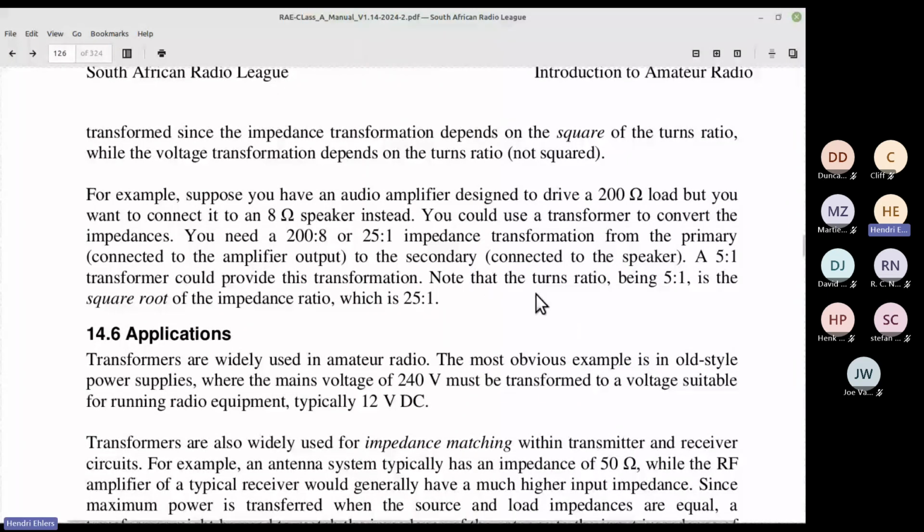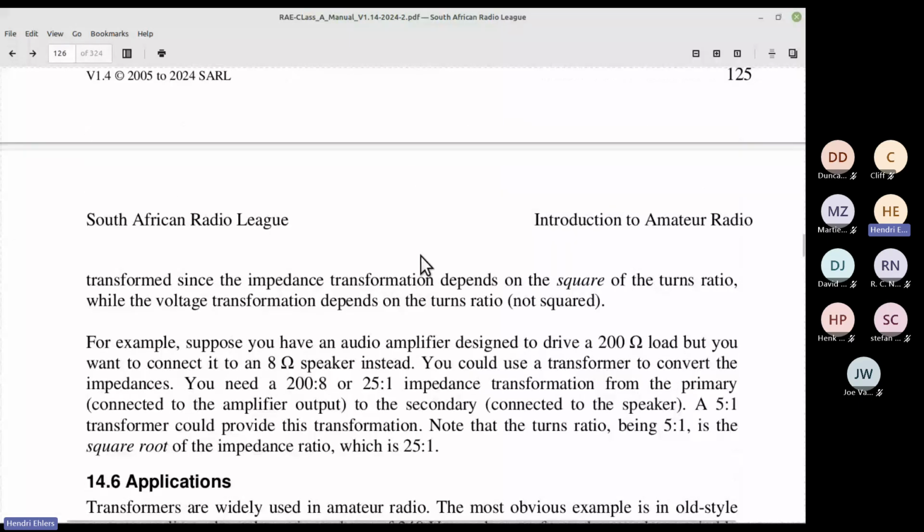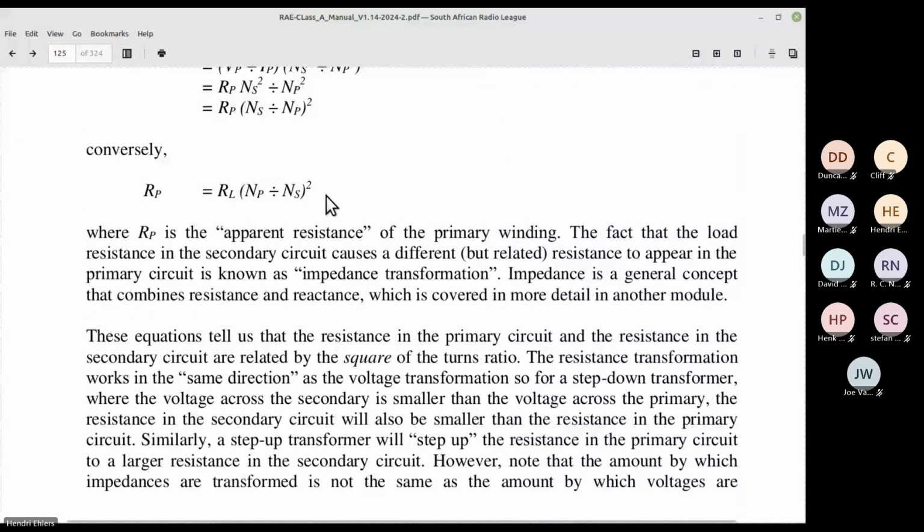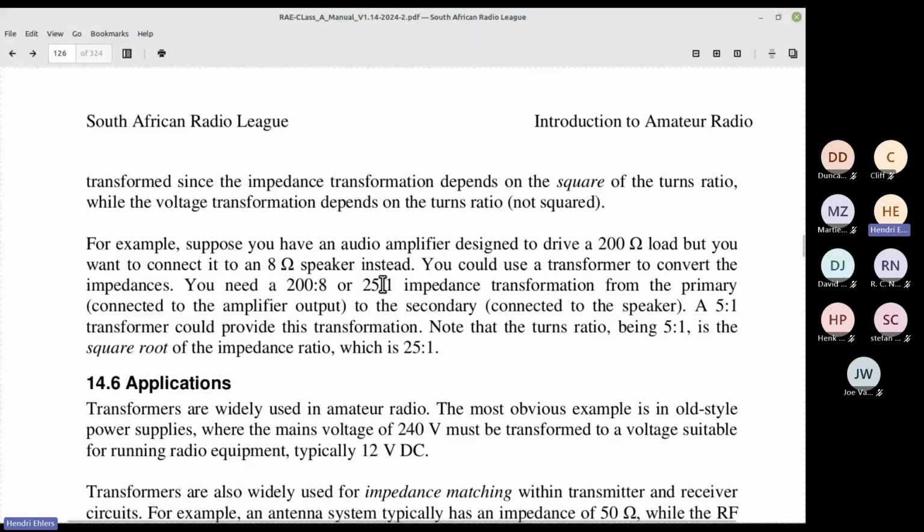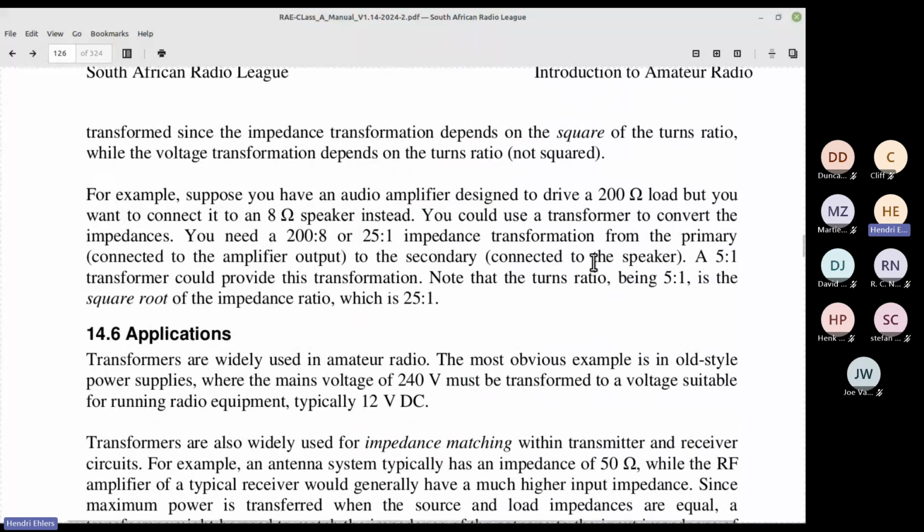Note that the turns ratio being 5-to-1 is the square root of the impedance ratio, which is 25-to-1. So that's the square root formula, where we squared that. Now if you calculate it the other way around, you use the square root.